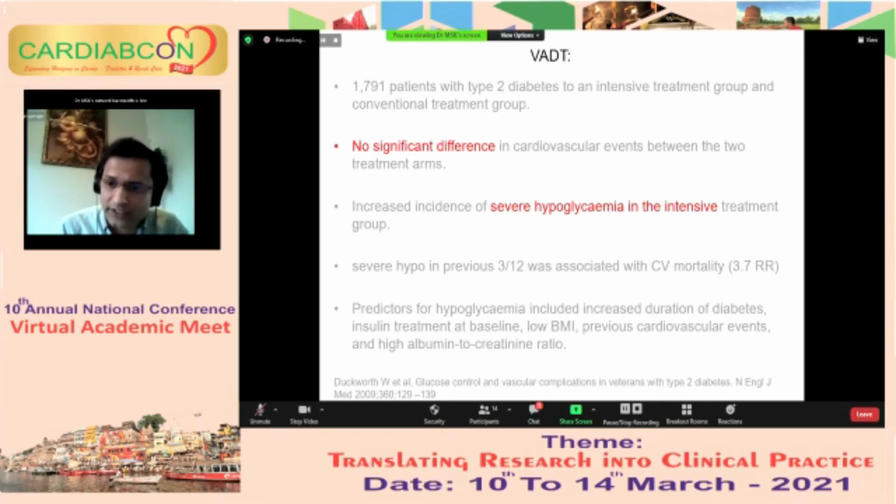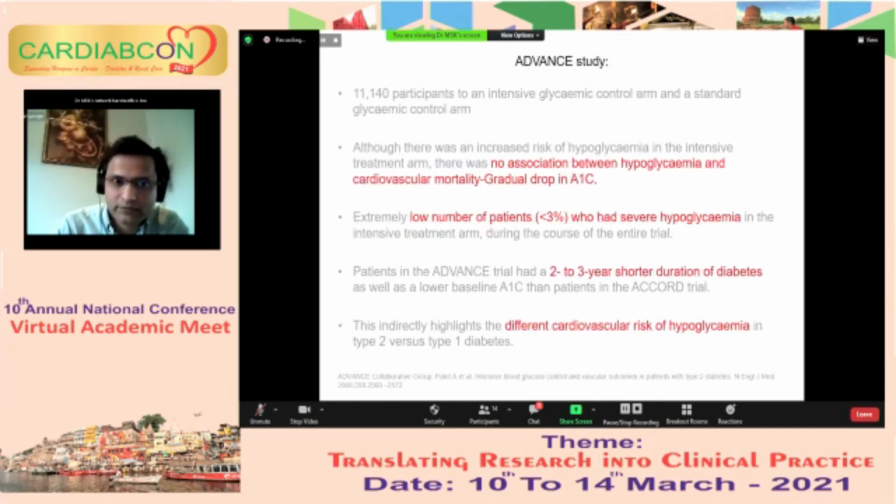And as we discussed earlier, it has also shown there are certain predictors of hypoglycemia, as we've seen in the Accord trial and Advance trial, which include patients who have a previous cardiovascular event, patients who are on insulin, or patients who have a high albumin creatinine ratio. The Advance study, which has more or less the same population as the Accord trial, again showed quite an increased risk of hypoglycemia in the intensive arm, but we couldn't establish an association between hypoglycemia and cardiovascular mortality.